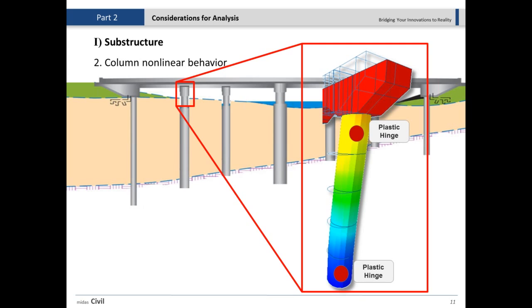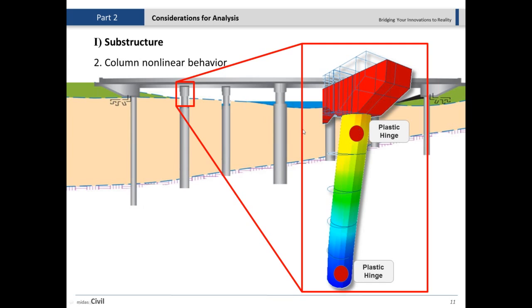So what we're going to do is use the plastic deformation of the structures for the seismic design as well. Now, how do we understand what the plastic deformation is and when we have gone into the plastic zone? One of the methods we use for handling this is to define plastic hinges.